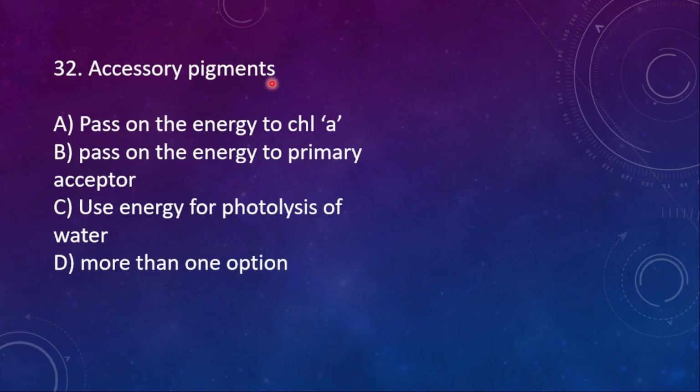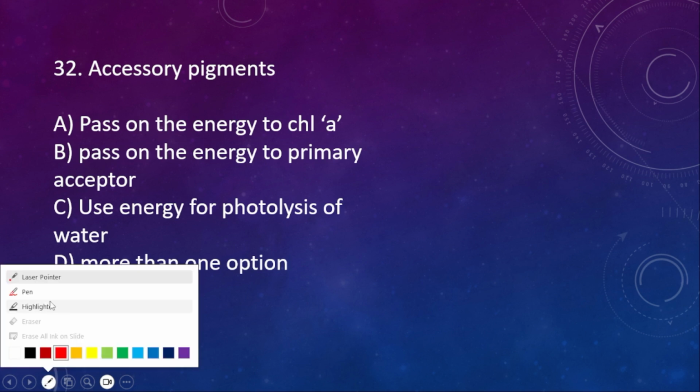Accessory pigments: A, pass on energy to chlorophyll A; B, pass on energy to the primary acceptor; C, use energy for photolysis of water; D, more than one option is correct. Here the right option is to pass on energy to chlorophyll A.